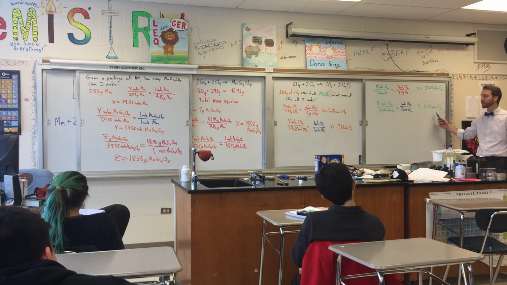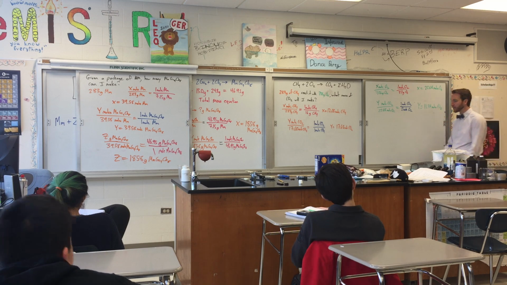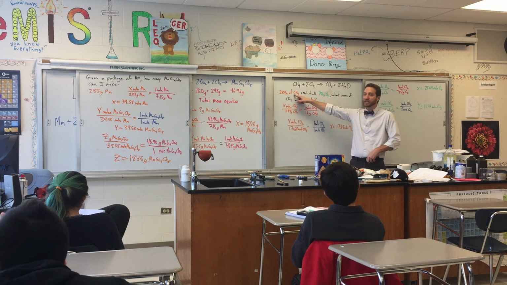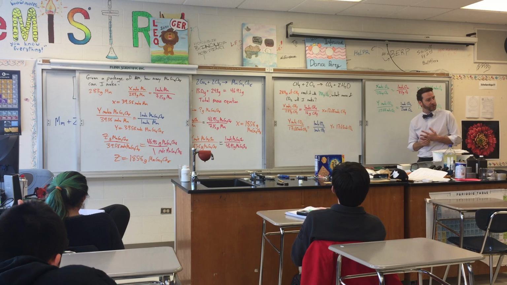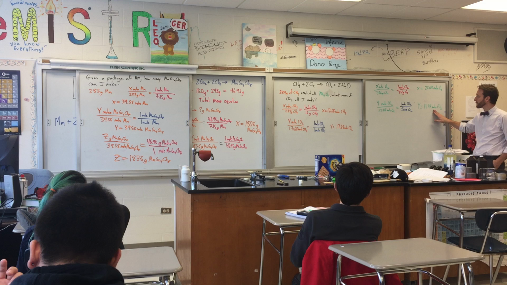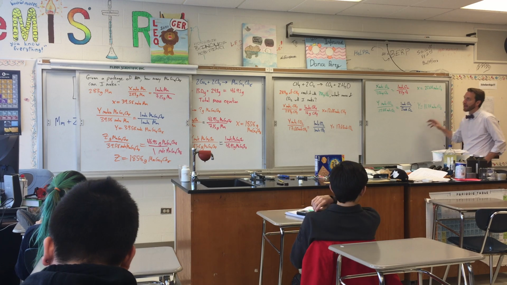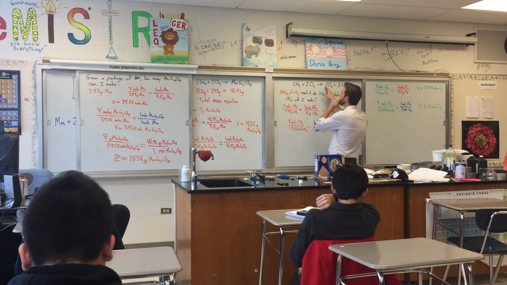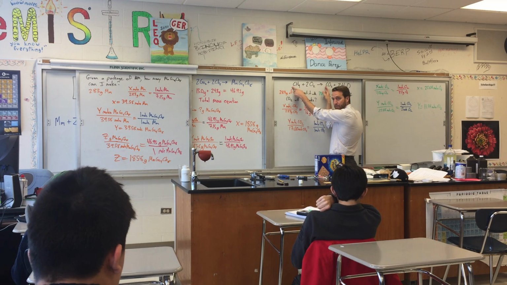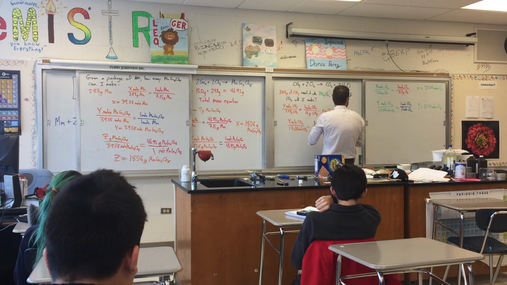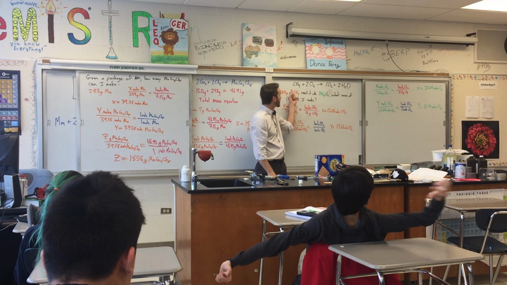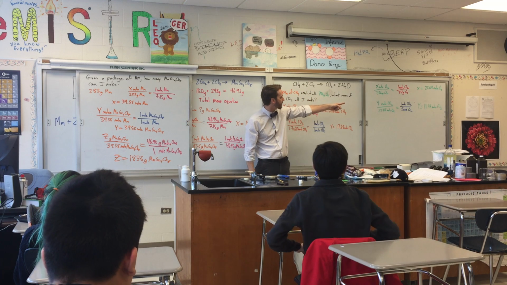So I could convert this to grams using the molar mass. I could also set up a ratio and say, if I'm going to have extra CH4, what mass of extra CH4 will I have? Well, if I know I'm going to make this many moles of CO2, I can go from moles of CO2 to moles of CH4 required to make it. That's a 1-to-1 ratio. So it actually requires 11 moles of CH4 to make the 11 moles of CO2.